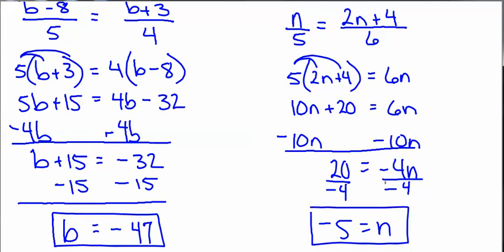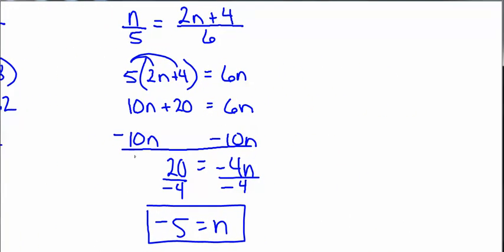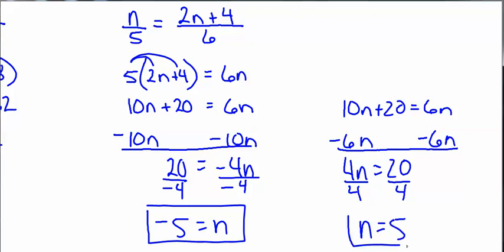What you got to be really careful of, this happens all the time. You get to this step, 10n plus 20 equals 6n. People subtract 6n, and then they write 4n equals 20. They divide by 4, and they say that n equals 5. Now, is that the case?